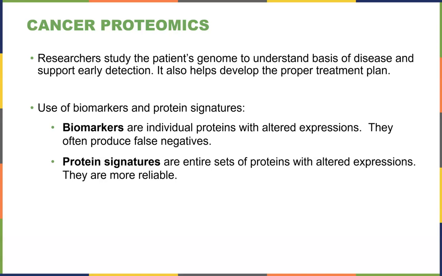So a protein signature is created and the entire sets of proteins have altered expressions, and those ones are more reliable. But both of these are going to be used in determining and catching whether the patient has cancer or not. And it really helps with early detection and improved screening overall of cancer.